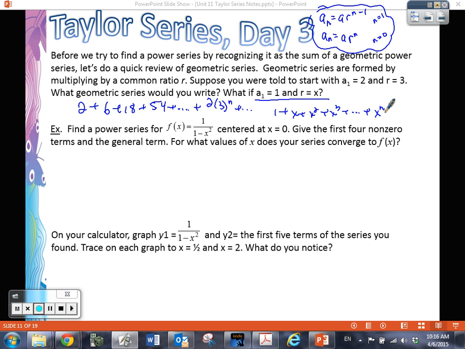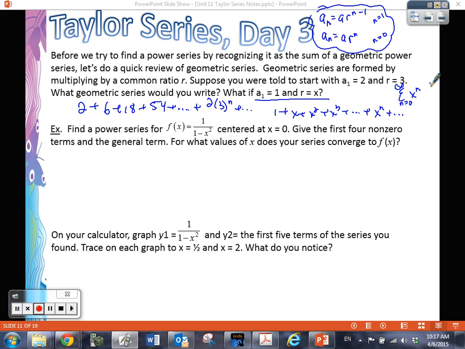You could put 1 times x to the n. 1 is my a, but I mean it's 1, so you don't have to. If we wanted to write it in a summation, this particular one starts at 0, and that would be my summation. Certainly it says general term. You can just write the general term, which we know is this one. You could certainly write it in sigma notation as well.